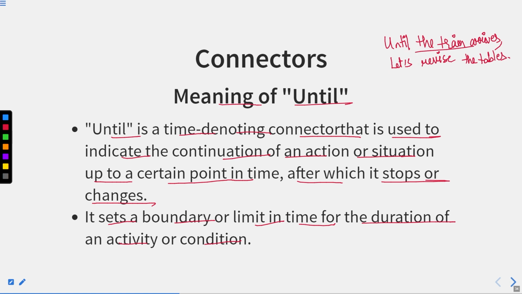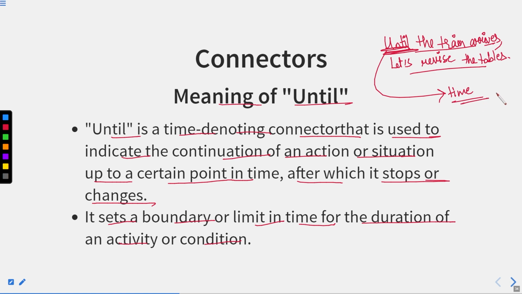So till the time the train arrives, we'll revise the tables. Once the train has arrived, stop revising the tables. So here until means till the time the train arrives, up to that time. Until is also actually time bounded, or you can say it has a time limit.